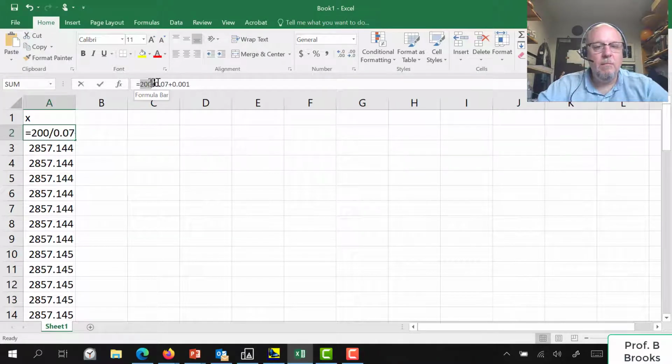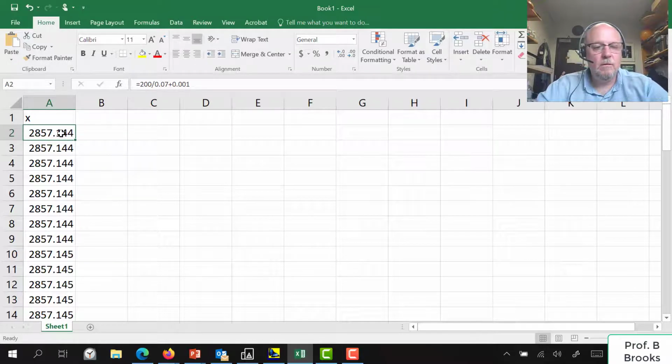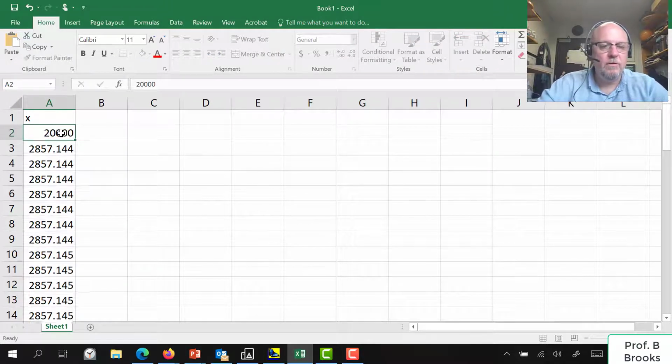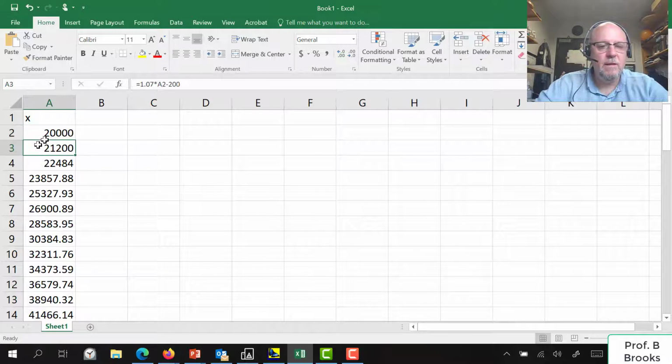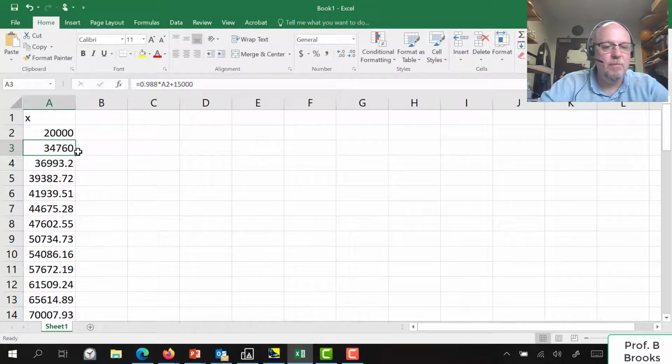I take my money and multiply. We started out with 20,000. That was our X naught. I'm supposed to take the money that I have, multiply by 0.988, and then add 15,000. And that'll be how much money I have.